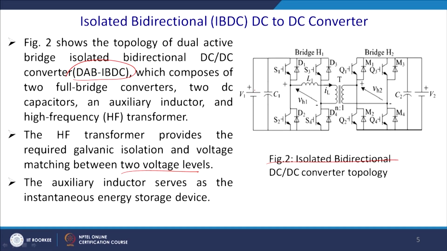Also, if this ratio is very high, around 10, then control becomes very difficult with the non isolated DC to DC converter, because you may have operation in only a very small region, and thus you may need to transfer some of the burden to a ratio. For this reason, it has flexibility. You can control the duty ratio as well as the trans ratio. The auxiliary inductors serve as the instantaneous energy devices.